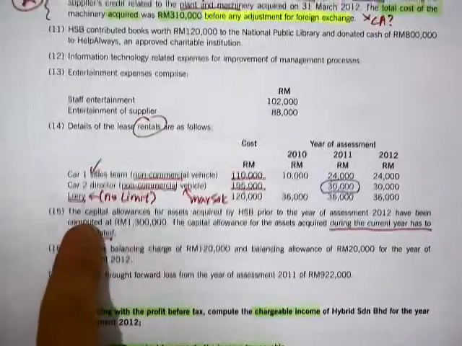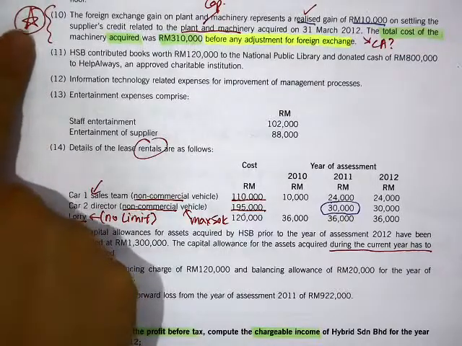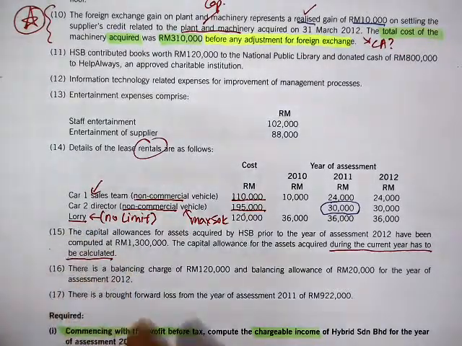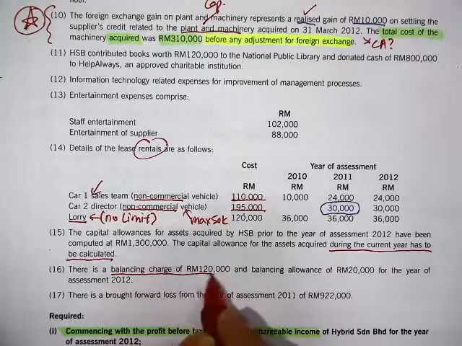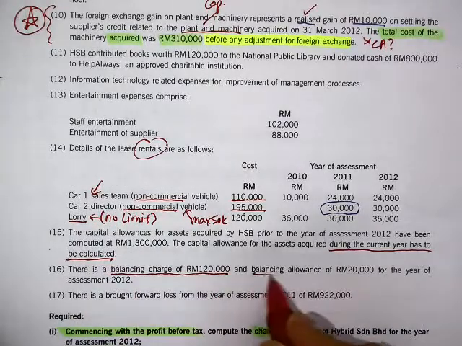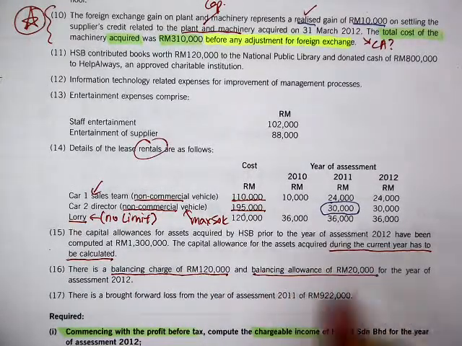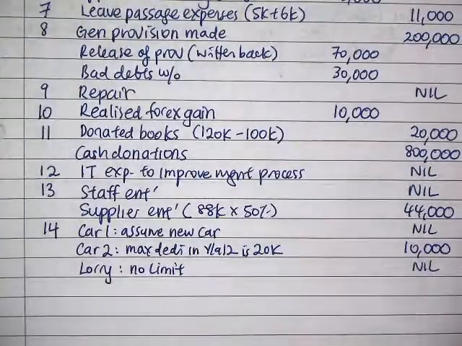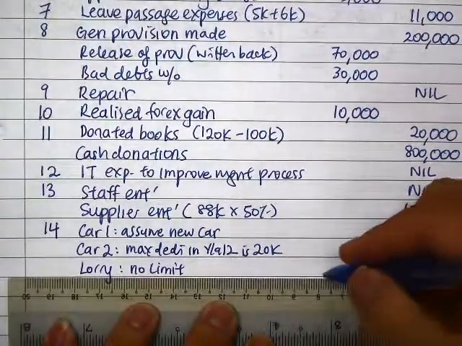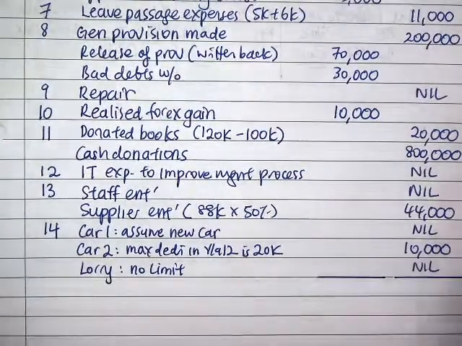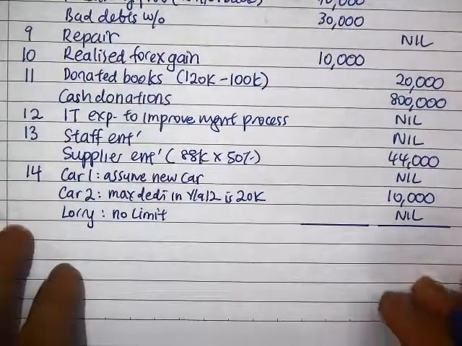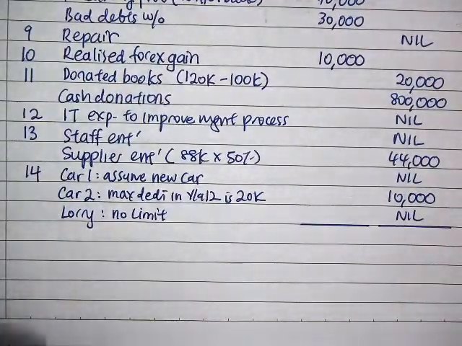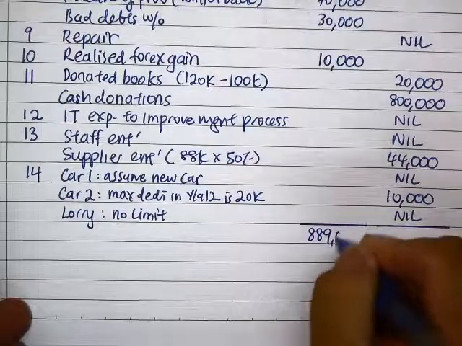So that's why you have to do the calculation. There is a balancing charge 120, balancing allowance 20, and there's a brought forward loss 922. Okay, fine. We work out the CA. Before that, we cast the figure first. $889.